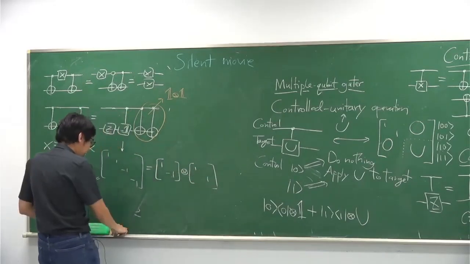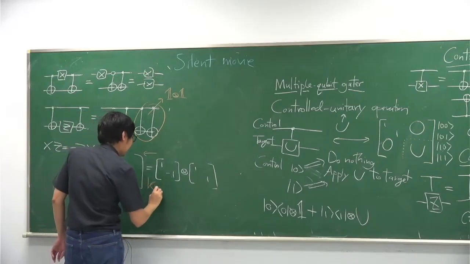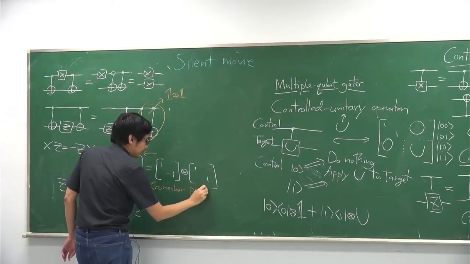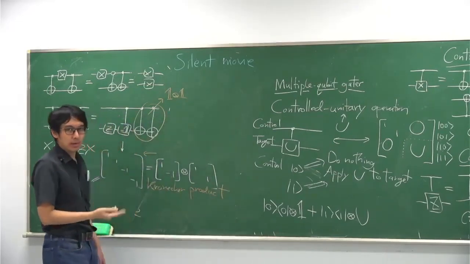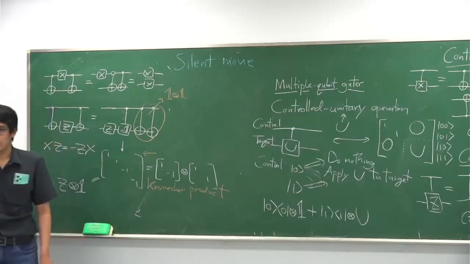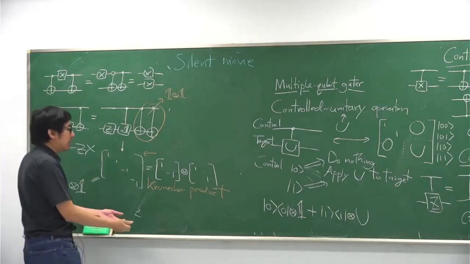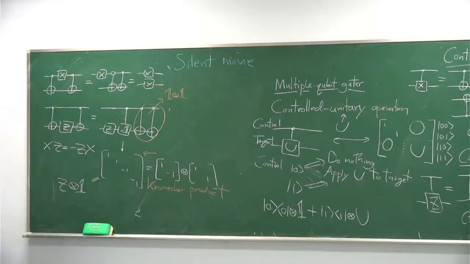So here to go in this direction, we use something called the Kronecker product. This is the usual way to represent the matrix form of a tensor product of matrices, and essentially it depends on the way that we order the product.